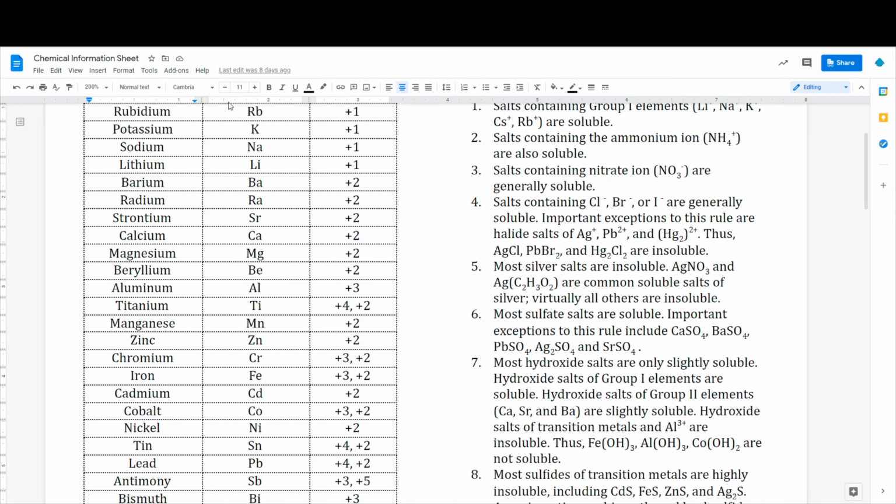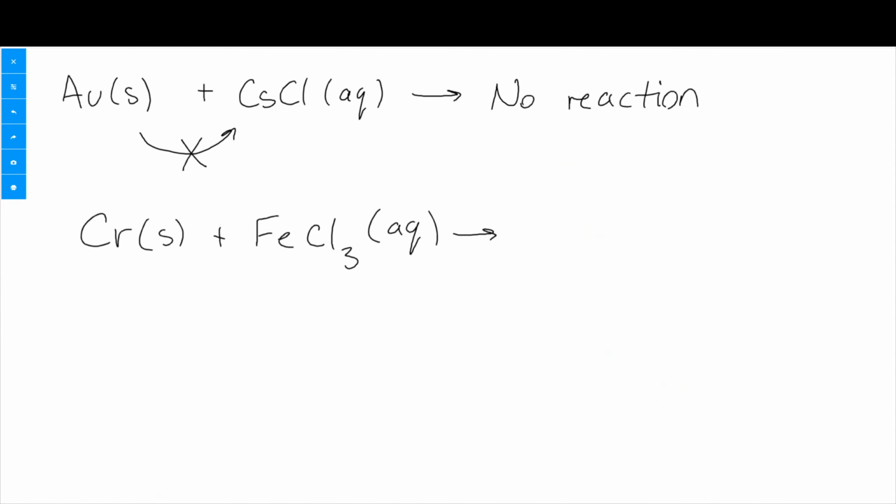So chromium is here, iron chloride, iron 3 chloride is up here. So we got to figure out, all right, well, chromium is higher than iron, so it can happen. So this does kick it out. So we're left with iron metal plus chromium chloride.